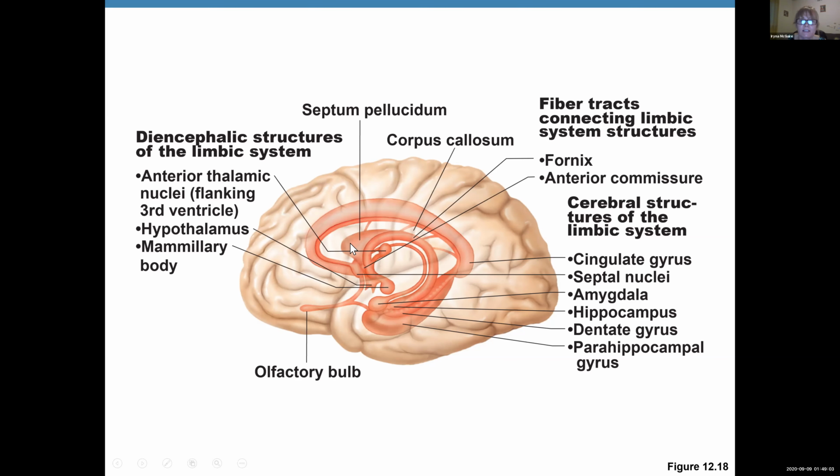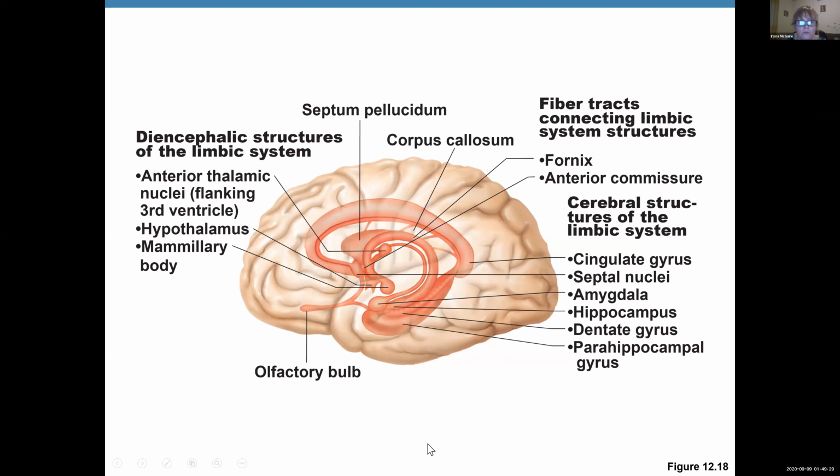It includes the septum pellucidum, which is a structure between the two lateral ventricles. It includes the olfactory bulb. It includes this structure that is called the fornix, the cingulate gyrus over here, the amygdala, and the hippocampus.